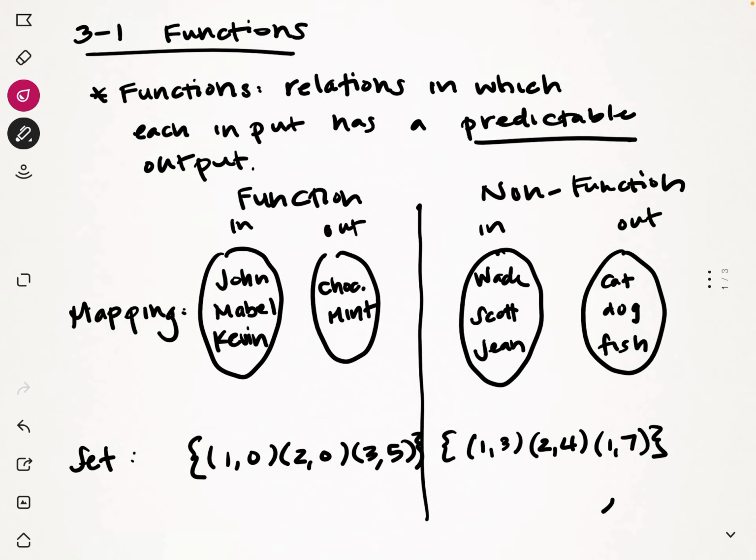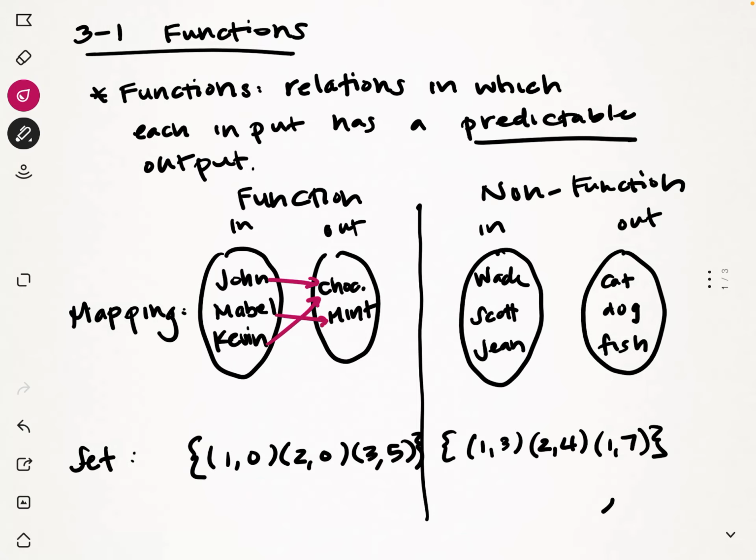So let's look at a mapping. For this first one here, we have John, Mabel, and Kevin, and the outputs are favorite types of ice cream. So we have chocolate or mint. Let's say John likes chocolate, Kevin also likes chocolate, Mabel likes mint.